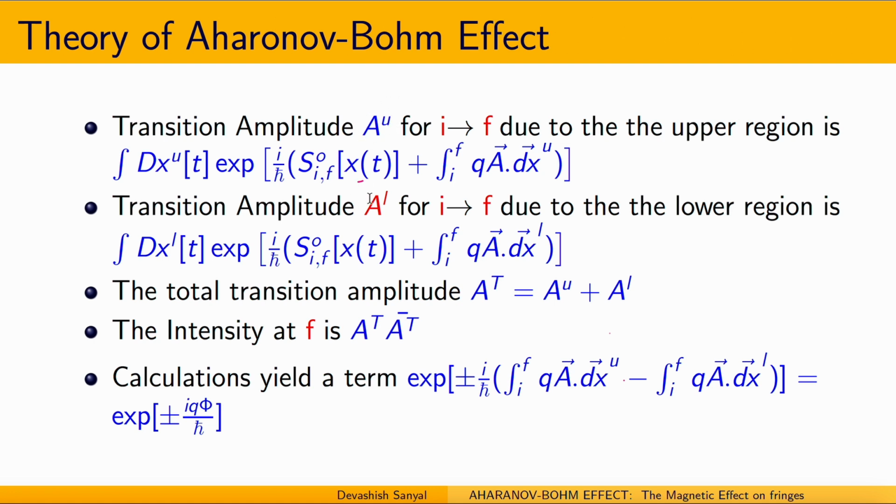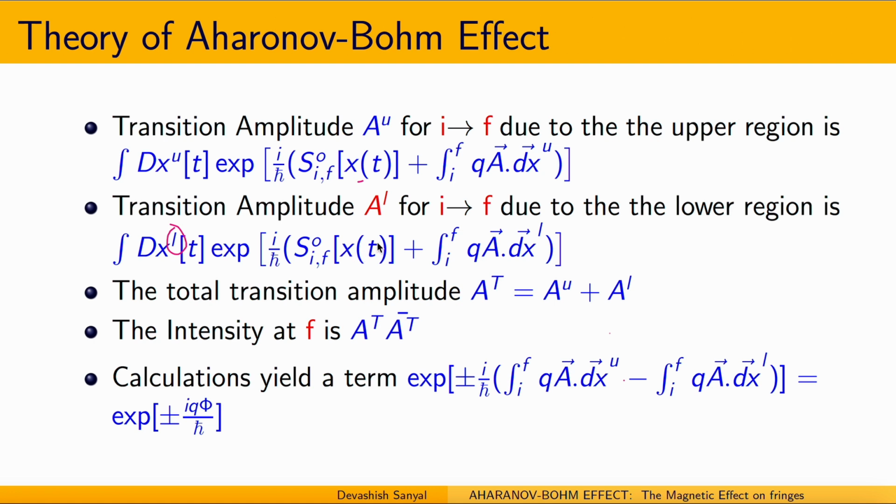Similarly, we will have a transition amplitude for A lower, and here U will be replaced by L. So we are integrating over all the paths that are in the lower region, and then exponential i by h cross S0_IF.